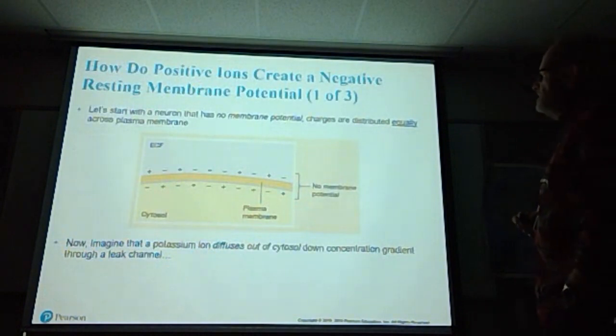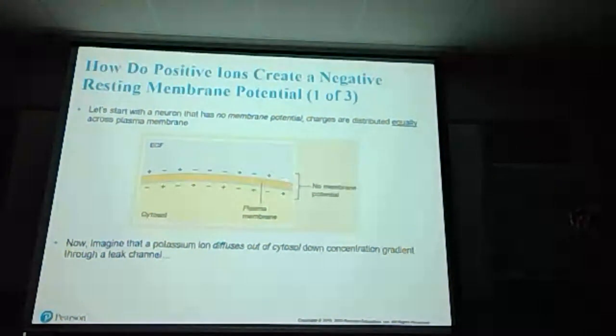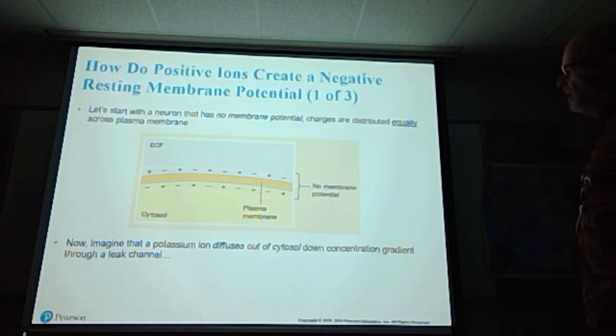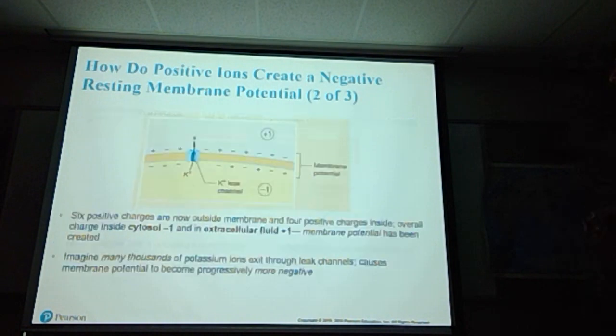Let's start with a neuron that has no membrane potential. Charges are distributed equally across the plasma membrane, so there's no potential here. If you count, you will see equal numbers of positives and equal numbers of negatives on either side of the membrane. Now imagine that a positive potassium ion diffuses out of the cytosol down the concentration gradient through a leak channel.